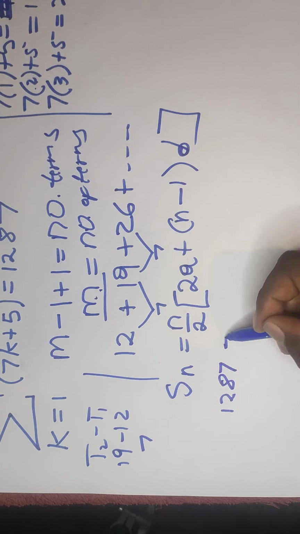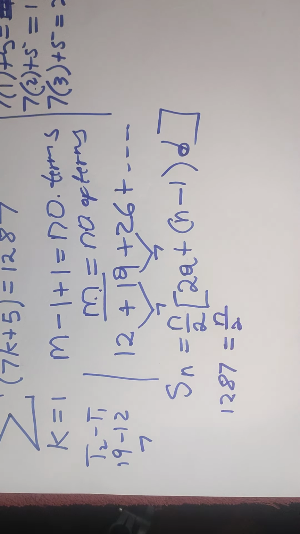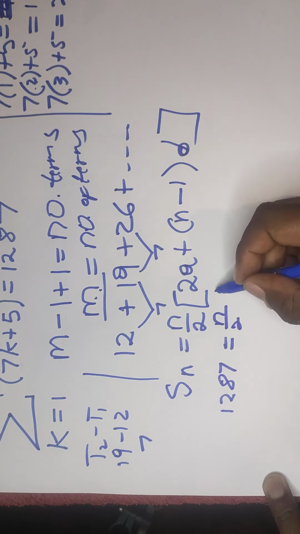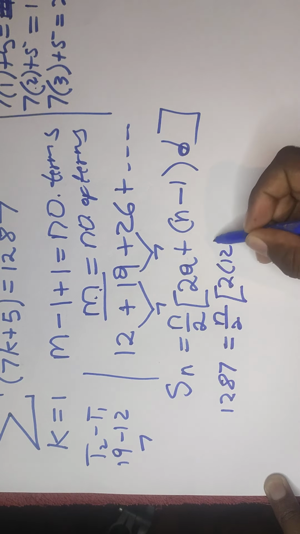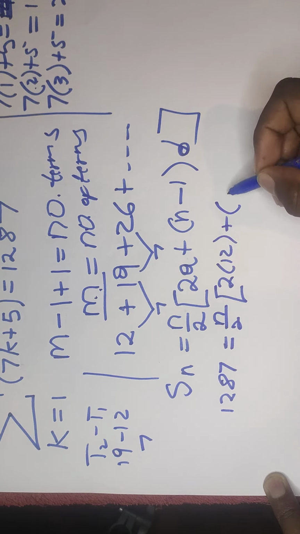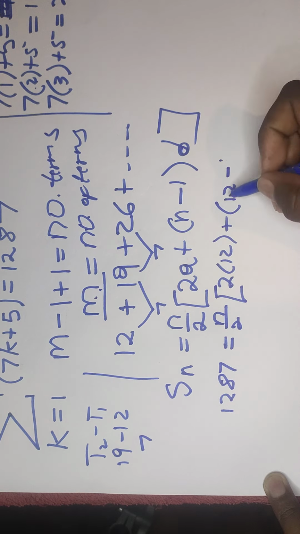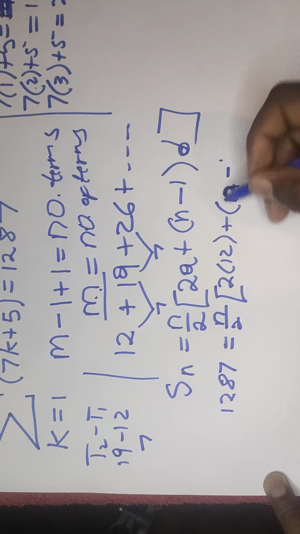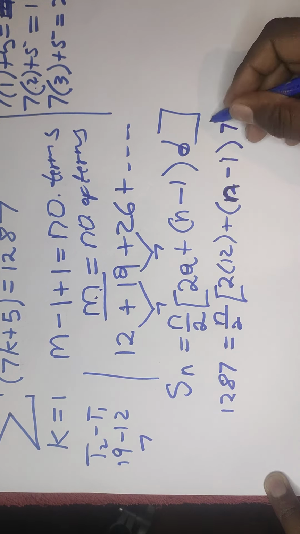1287 is equal to n all over 2. This will require a lot of my space, so let's just continue. The first term is 12 plus 12 minus 1, the difference is 7.